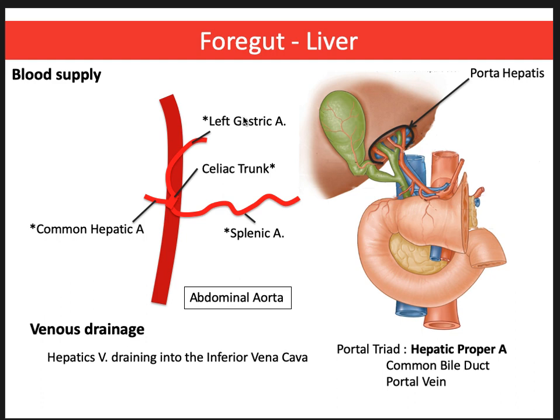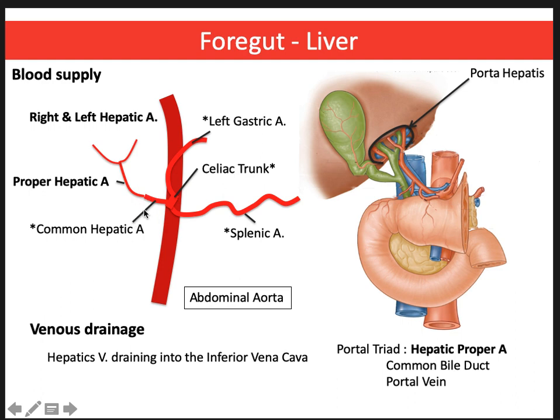Why common? Just because it's vague: it's commonly going towards the liver, but it will give other branches before precisely going to the liver. This is why it's called the common hepatic artery. It will give the proper hepatic artery after it gives the gastroduodenal artery. So you have your common hepatic artery and the gastroduodenal artery.